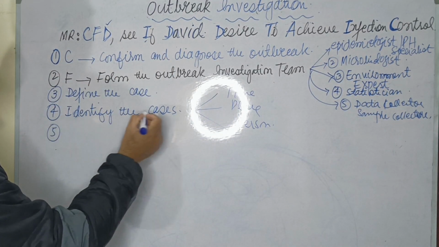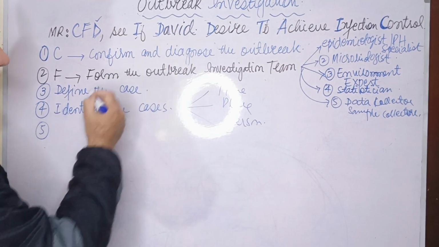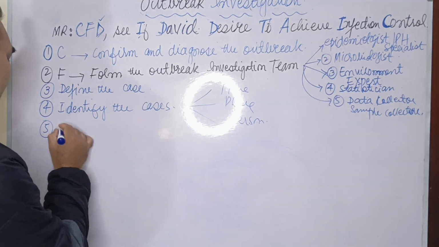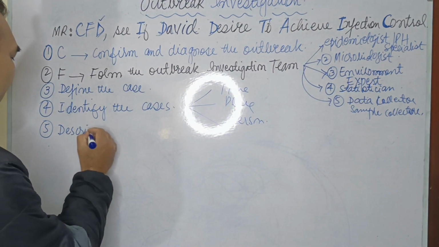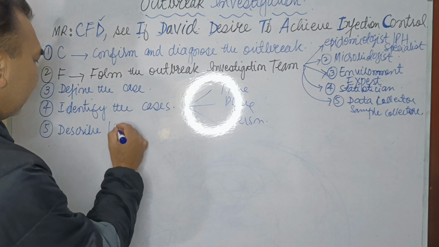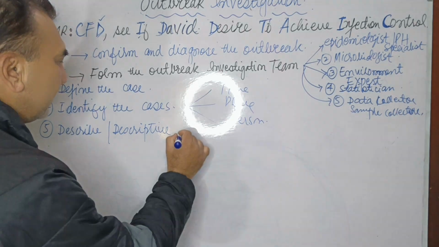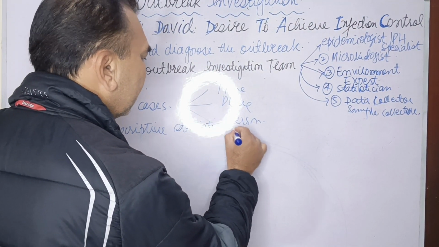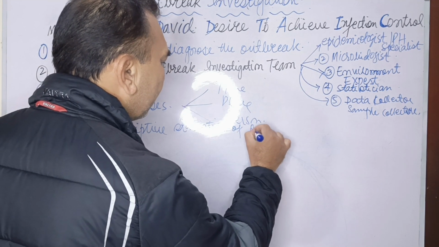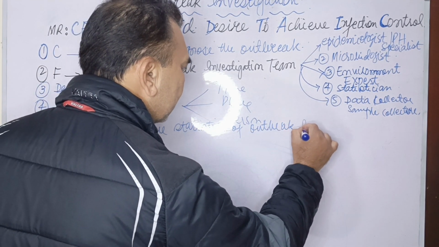After the identification of the cases, then you will go to the D of David, which is describe, or you can say descriptive statistics of the outbreak investigation.